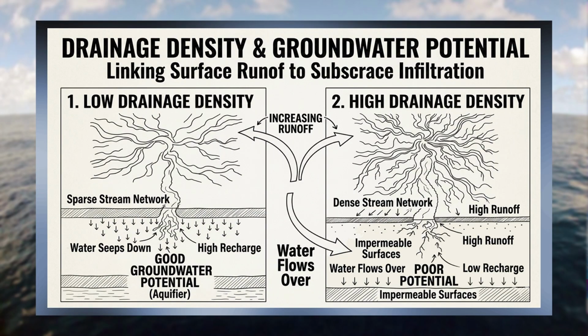The high lineament density shows increased permeability and groundwater movement, and intersection zones are ideal for groundwater development. The low drainage density represents high infiltration with good groundwater potential, while high drainage density represents high runoff with poor groundwater potential.